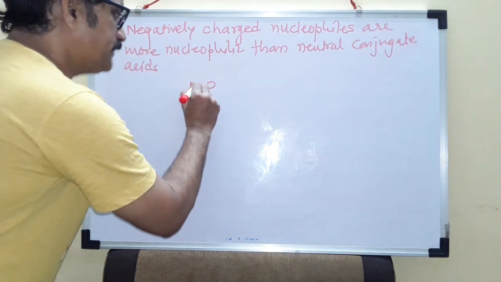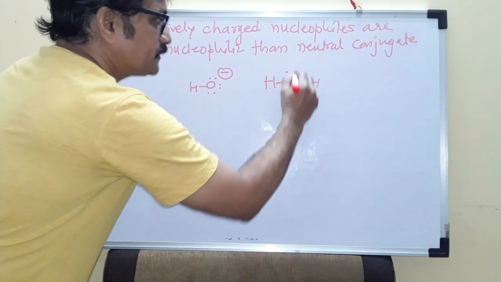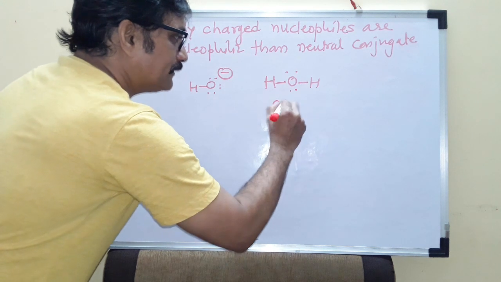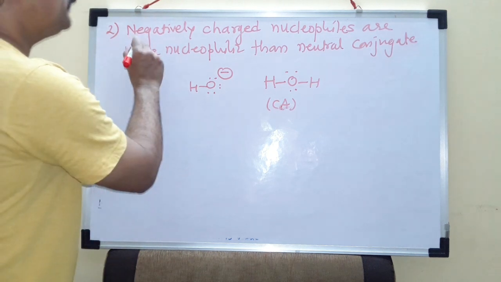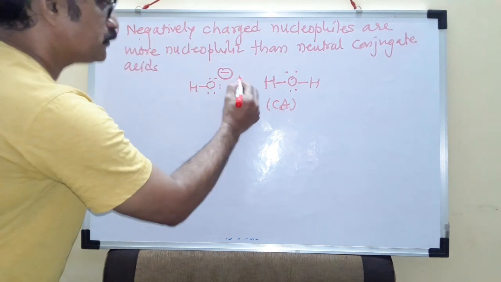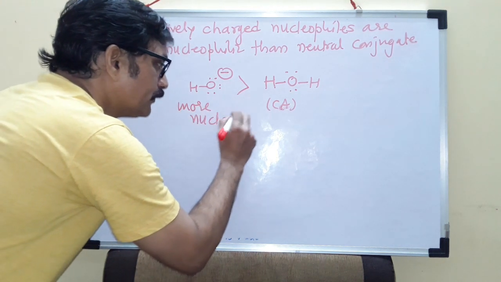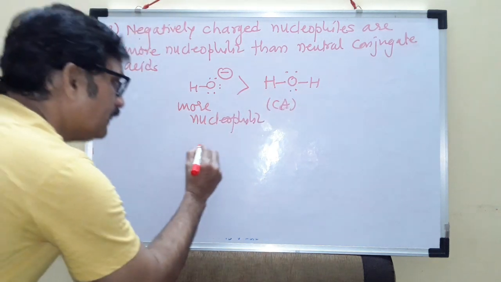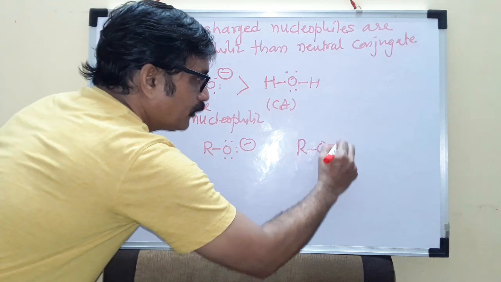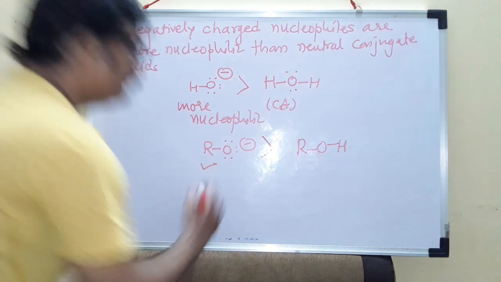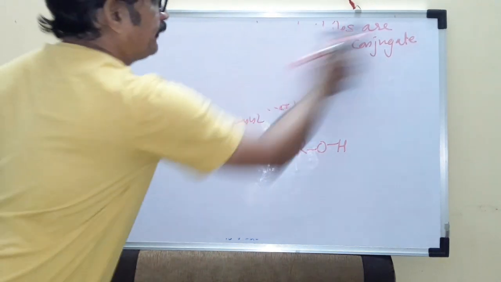For example, I write OH-, the same nucleophile, and its conjugate acid is water, you know this. So this is the conjugate acid of this base. The negatively charged nucleophile is more nucleophilic than its conjugate acid. One more example: the alkoxide ion, which is generated from alcohol, its conjugate acid. So this is more nucleophilic than the alcohol. We have to remember this second factor.